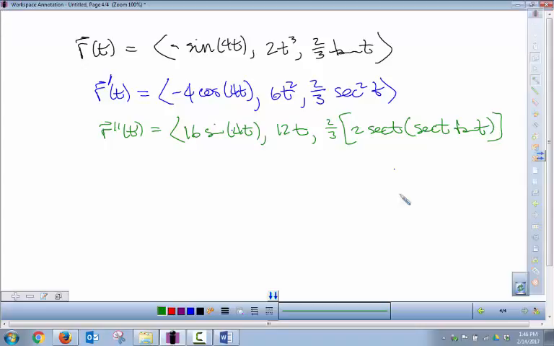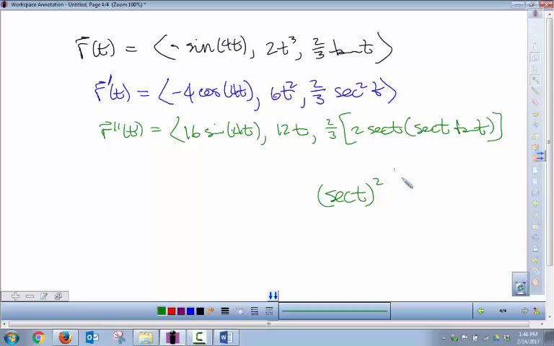You don't do the chain rule? This is a secant squared t, right? It's just 2 secant t. Are you sure? We have internet, use the internet.